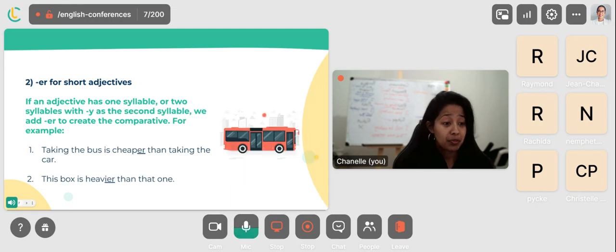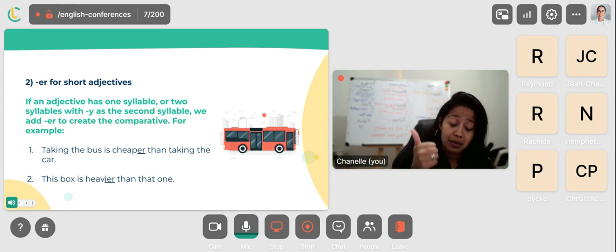As I said before, for our shorter adjectives, we just add er. For example, if an adjective has one syllable or two syllables with a y as the second syllable, we add er to create the comparative. For example, taking the bus is cheaper.